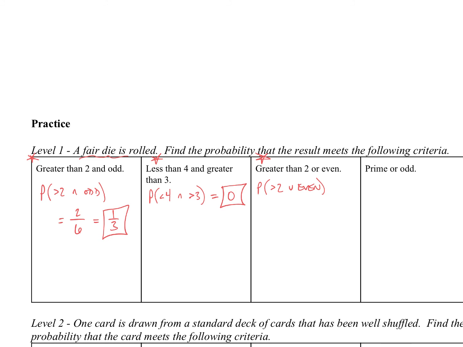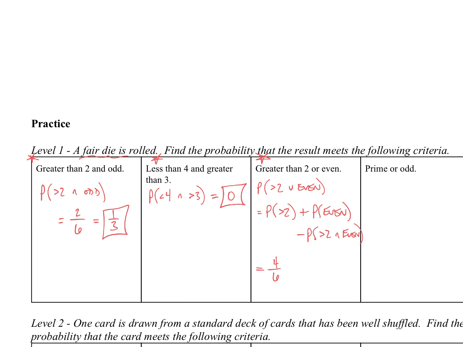You could probably do this just by counting up the numbers that you know that are greater than 2 or even. I'm going to do this using that formula, the union formula. So I'm going to say to calculate this, I need to know the probability that a number is greater than 2. I'll add that to the probability that a number is even. And I'll just take away the probability that a number is greater than 2 and even. So the probability that a number is greater than 2 would be 4/6.